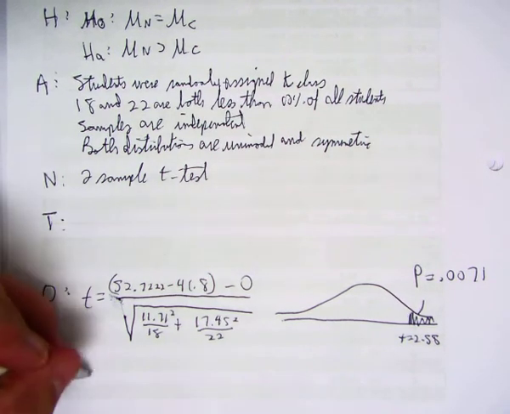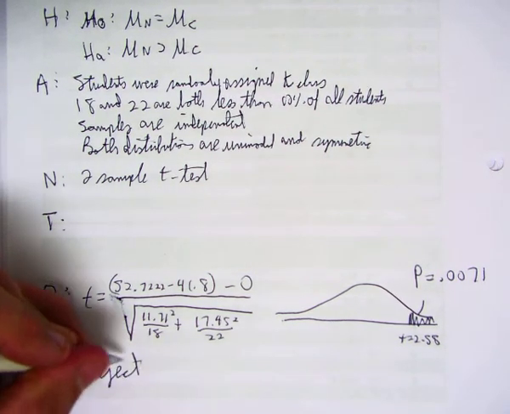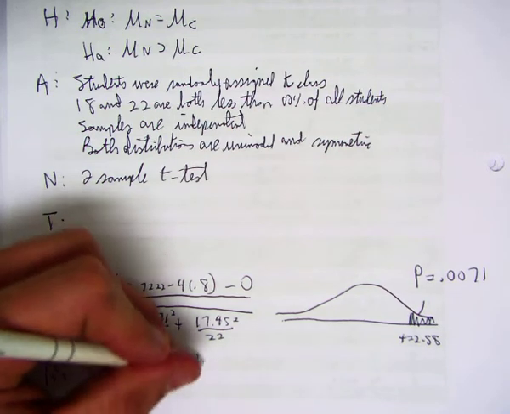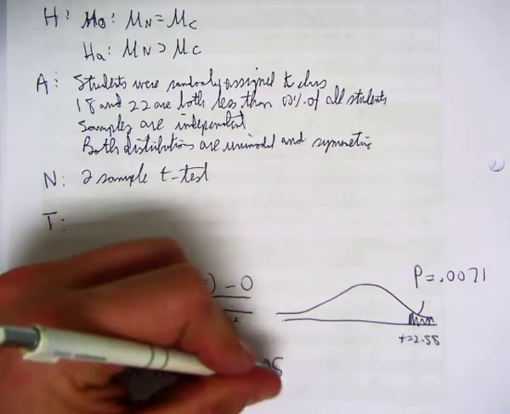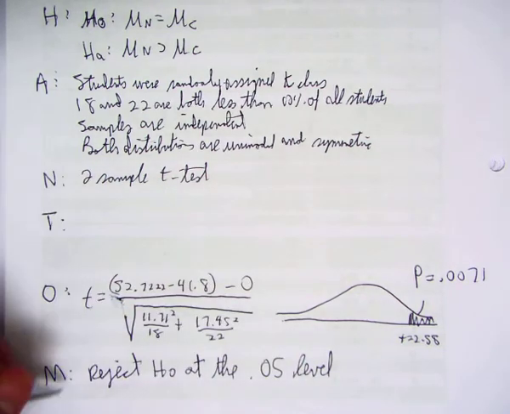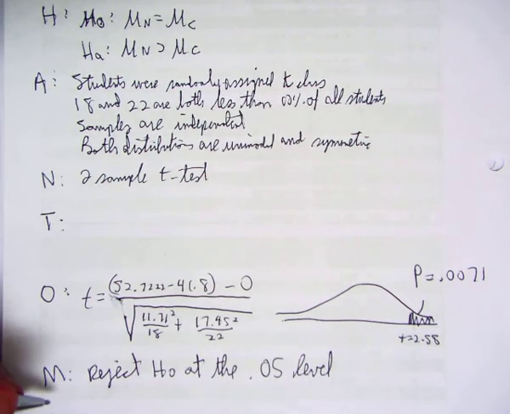Make decision. We reject H of O at the 0.05 level. State the conclusion.